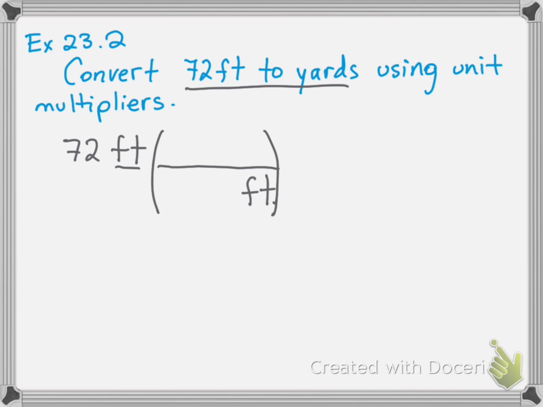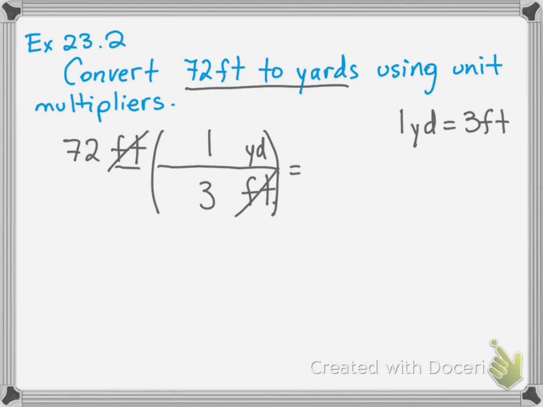And then I know from the table that 1 yard equals 3 feet. And so I put yards on the top. Now notice 1 yard equals 3 feet, not 1 foot equals 3 yards. So that's important, okay?